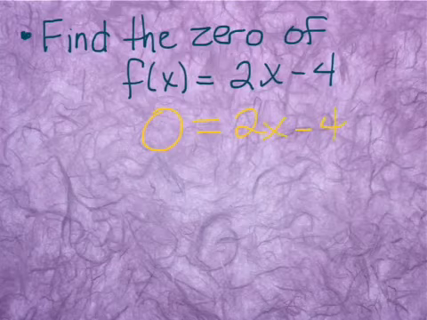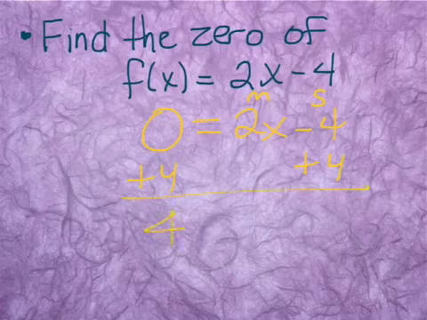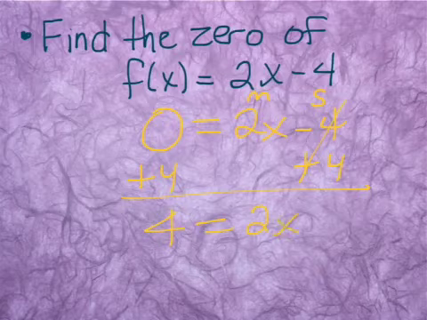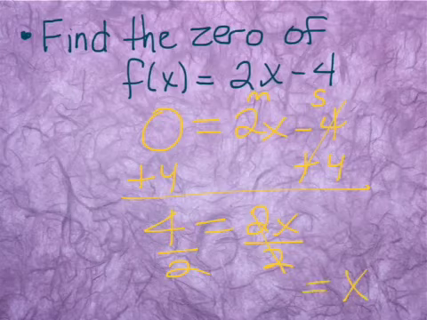You guessed it, we're going to get rid of the 2 that's multiplying and the 4 that's subtracting. To get rid of a subtractor, you add. And when you add 4 to 0, you get 4. And when we add the subtracted 4, it goes away. And we're left with 2x. And then we want to get rid of the 2. It's multiplying, so we divide. And we just discovered that the zero of this function is 2.